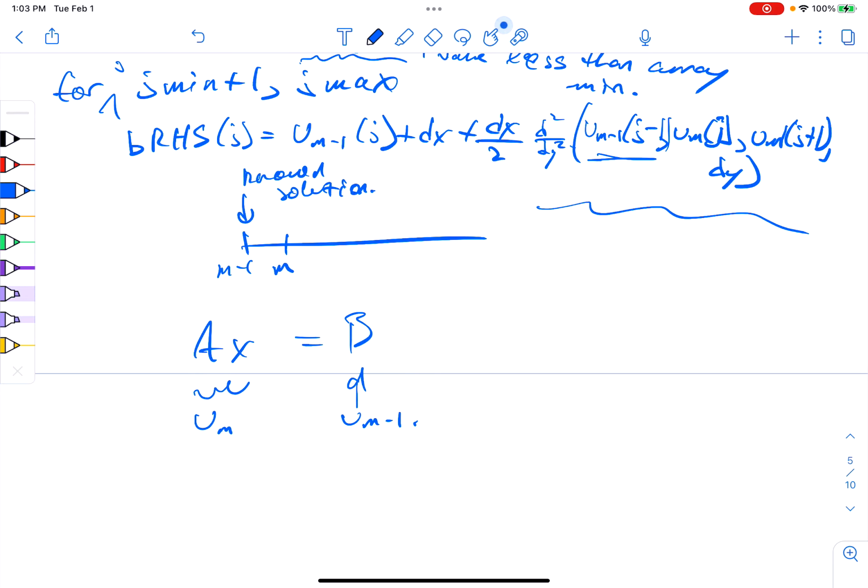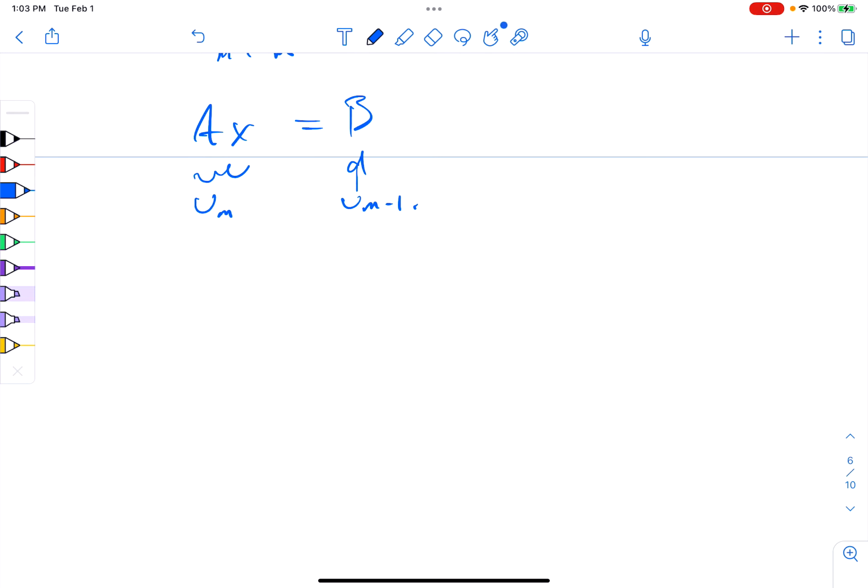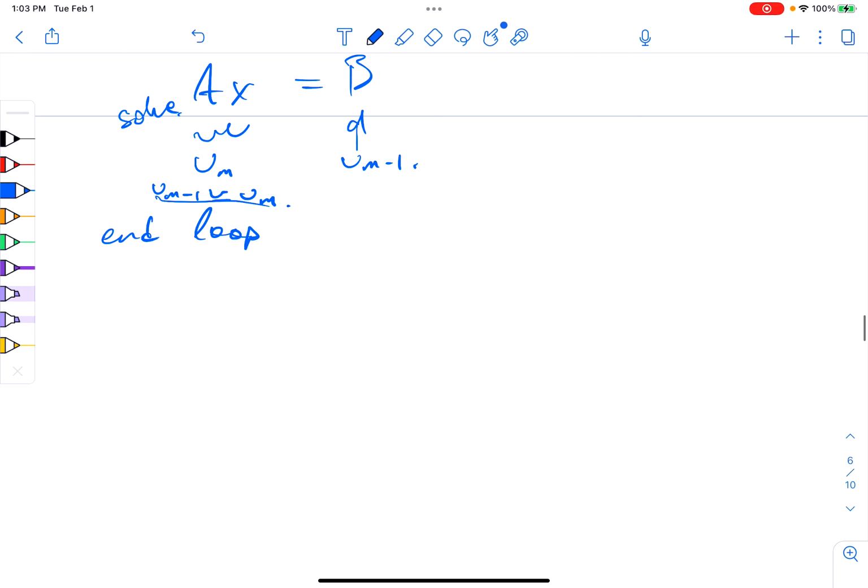And then I just keep looping with a while loop over that whole system until I get to the location I want. And you just do um minus 1 equals um after I solve. That's an important step, to overwrite um minus 1 equals um. And then, of course, I write this to file.